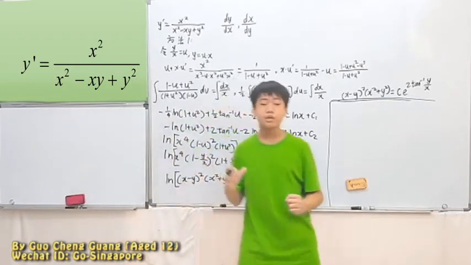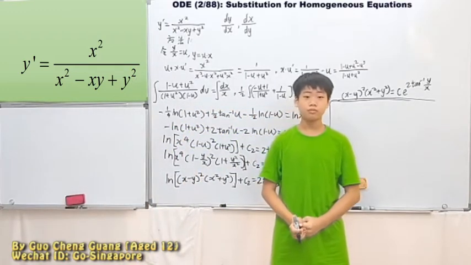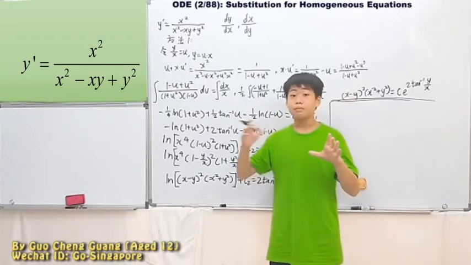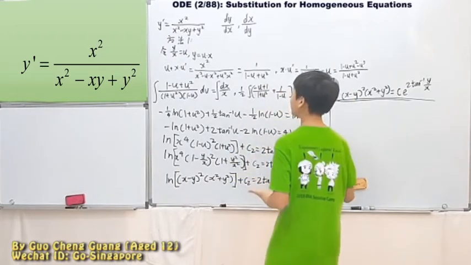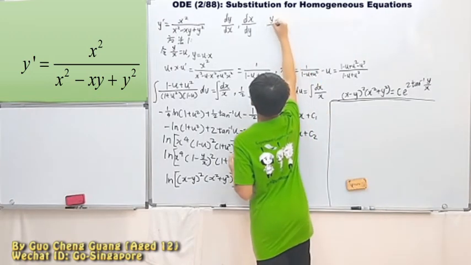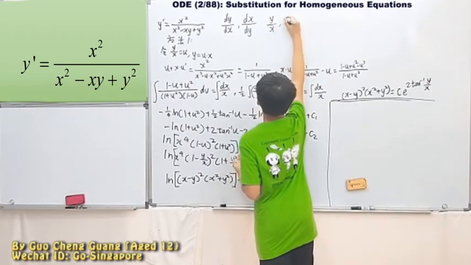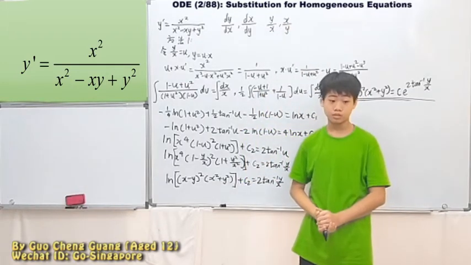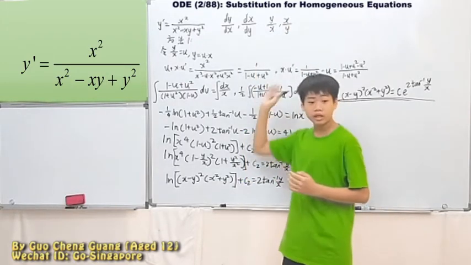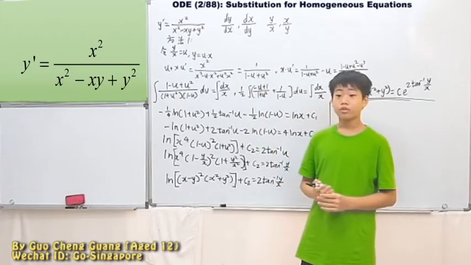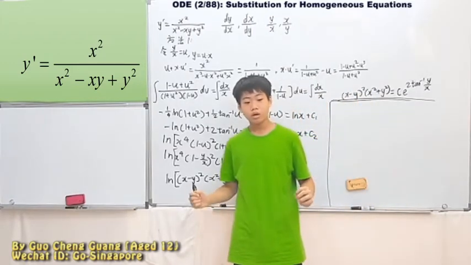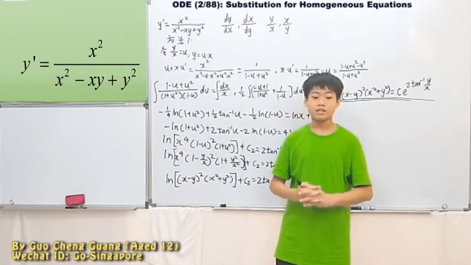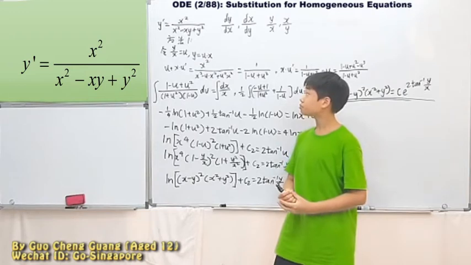Then during the substitution process, you need to let something be u. It can be y over x, it can be x over y. Another two cases. So that means we have 4 cases in total. For these 4 cases, we'll tell you which case is the best and which is the simplest.